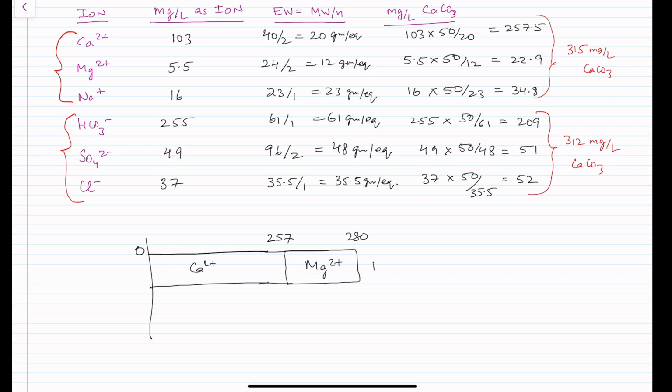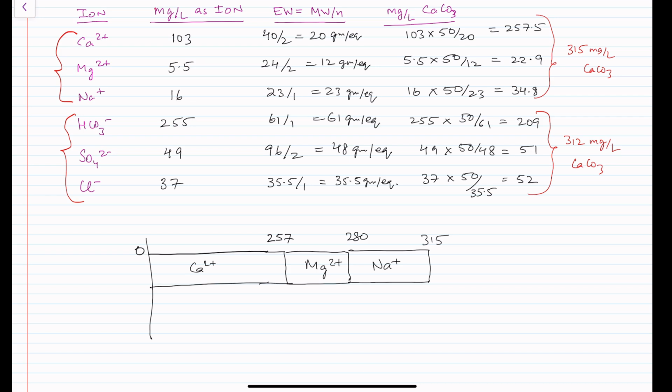And then sodium is slightly more than magnesium, so I can make it slightly bigger. The total is 315. Now these are all the cations, and now I'll draw the bar chart for the anions.